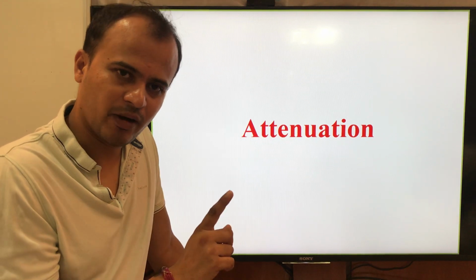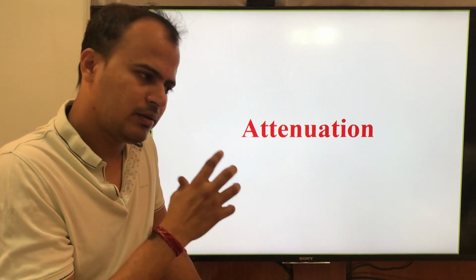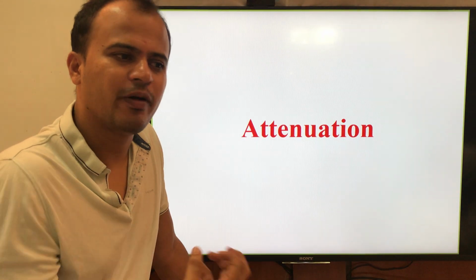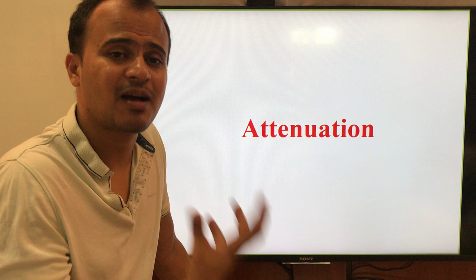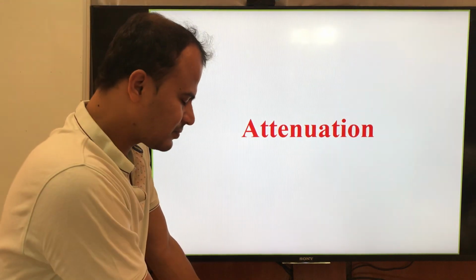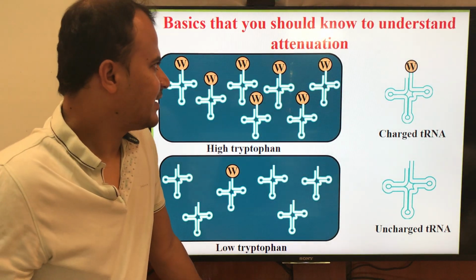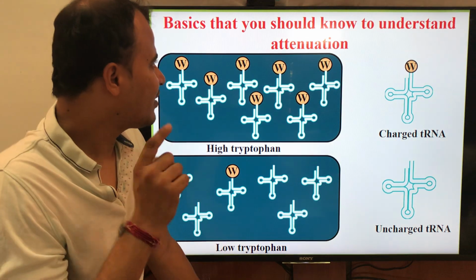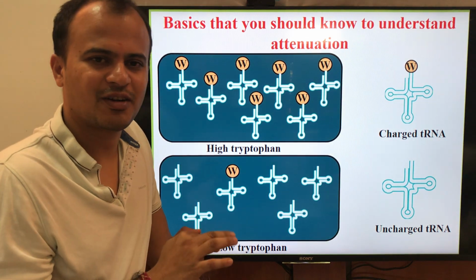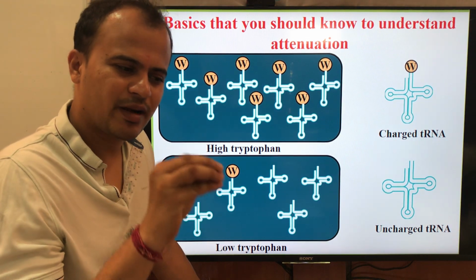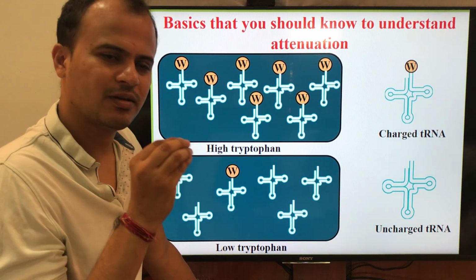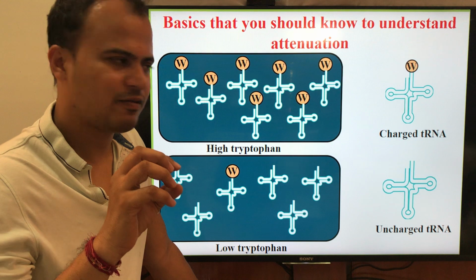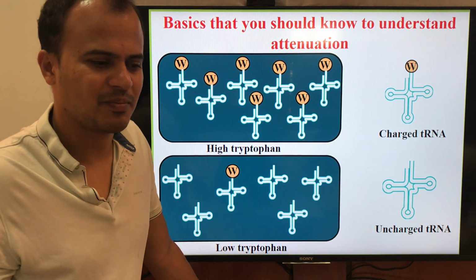This is very important, and you will be able to appreciate how a small microorganism modulates the gene expression by such a complicated mechanism. Again, before I get into the attenuation concept, I would like you to know some basics about transcription and translation.